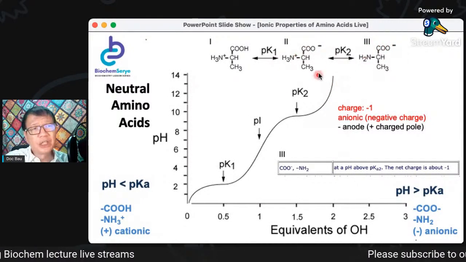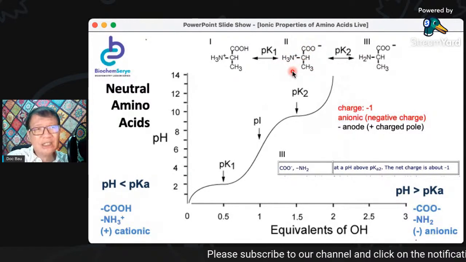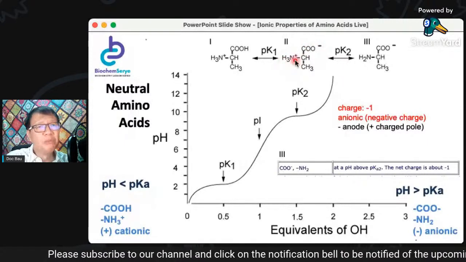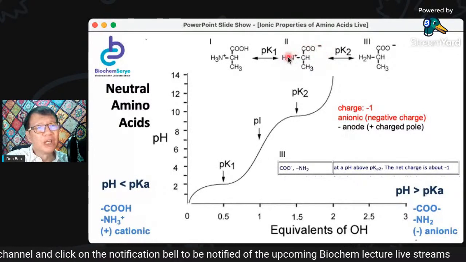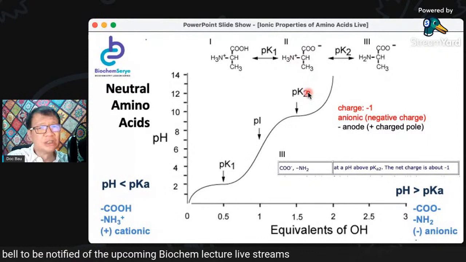But before going to that, you have a stopover. There will come a time that your carboxyl group will be carboxylate, your amino group will be protonated. You have negative and positive. It's doubly charged, but the overall charge is 0.